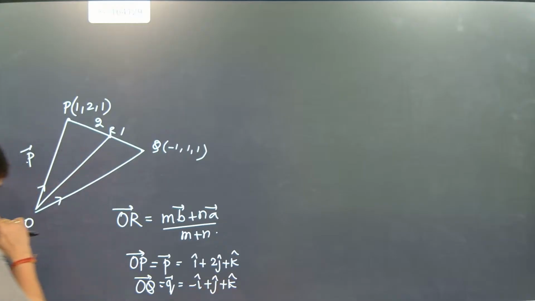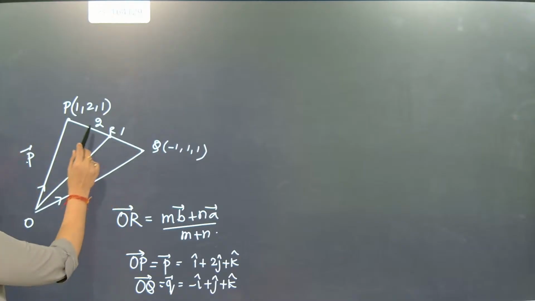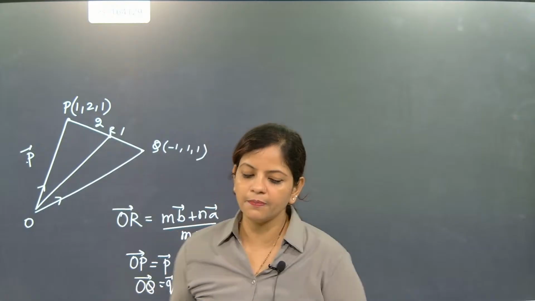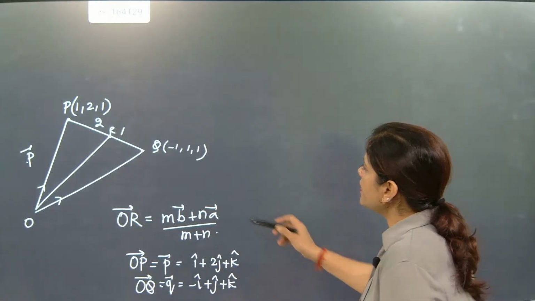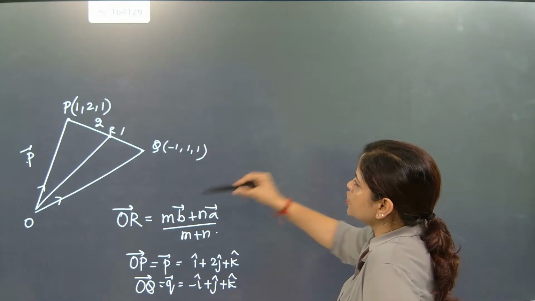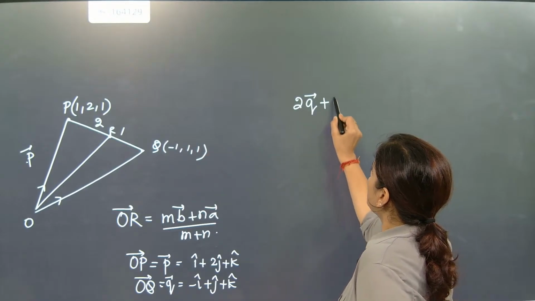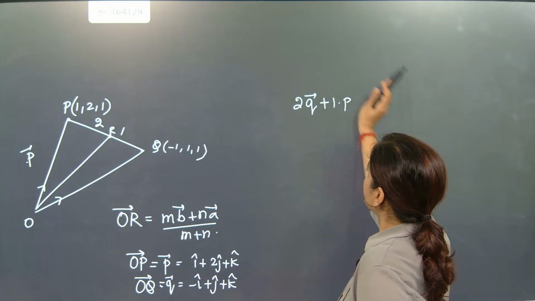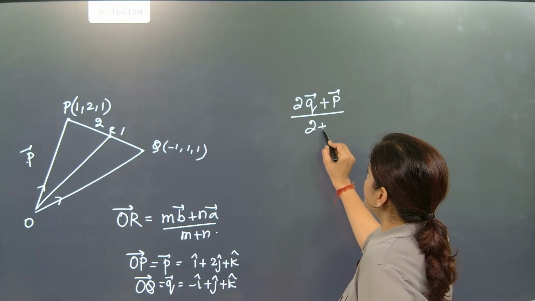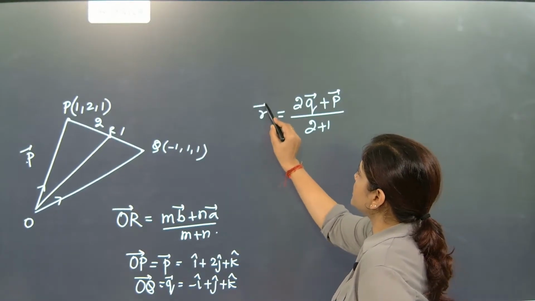Done. Now M will multiply with B vector. Here B vector is Q vector. So here 2 will multiply with Q vector, 1 will multiply with P vector, by the ratio 2 plus 1, and that will be equal to OR. We can write it as R vector.